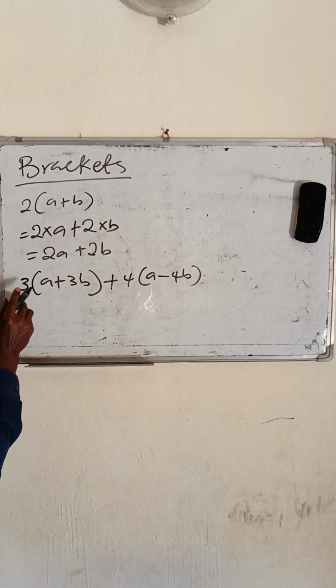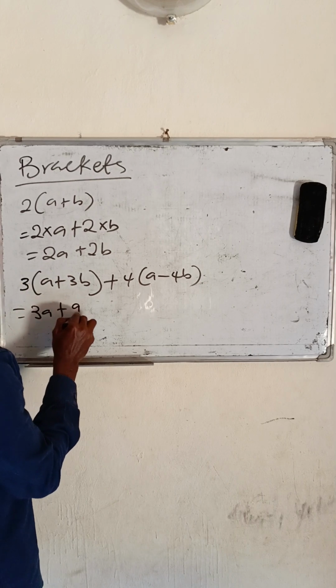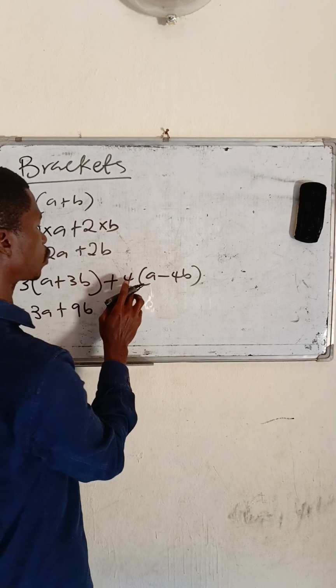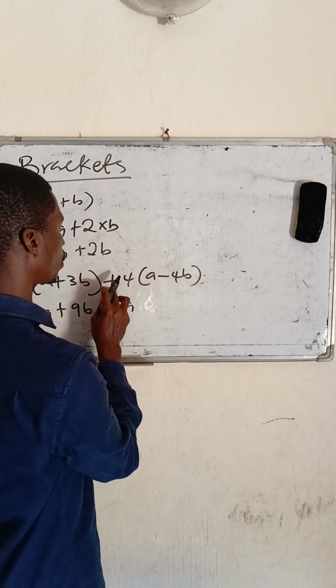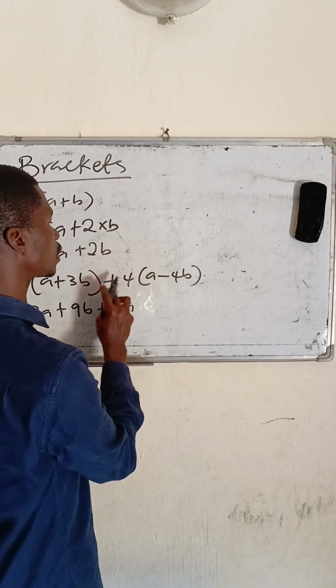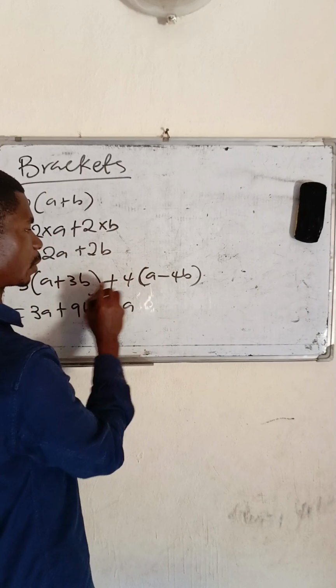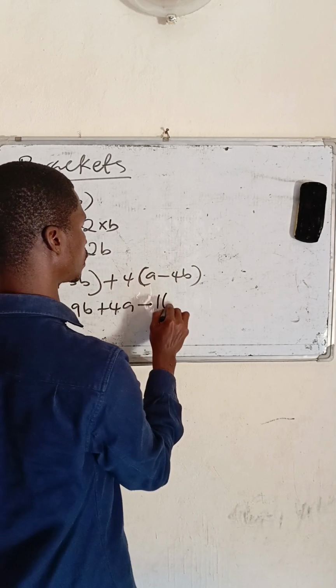You simply say this times this, 3A, this times this, 9B. You're done with this one. You go with this one now. Remember the sign. This times this, 4A, plus times minus. You know why I'm doing plus times minus? It is because the bracket simply means multiplication. So plus times minus 4 times this gives us 16.